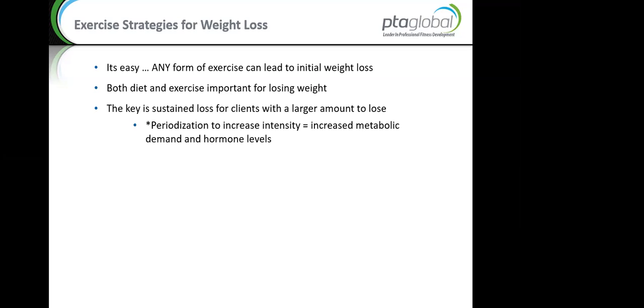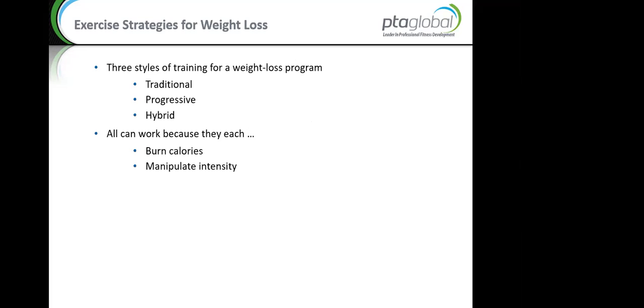So the key for sustained loss for clients, especially if they have a large amount to lose, is periodization to increase intensity over time, because increasing the intensity increases the metabolic demand and gives us an appropriate response in terms of hormone levels, right?